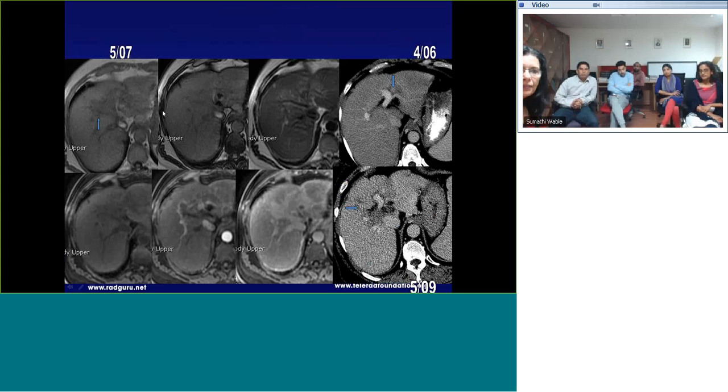And this was actually somebody who worked in the radiology department and had hepatitis and had a liver transplant eventually. And she used to come for regular screening.